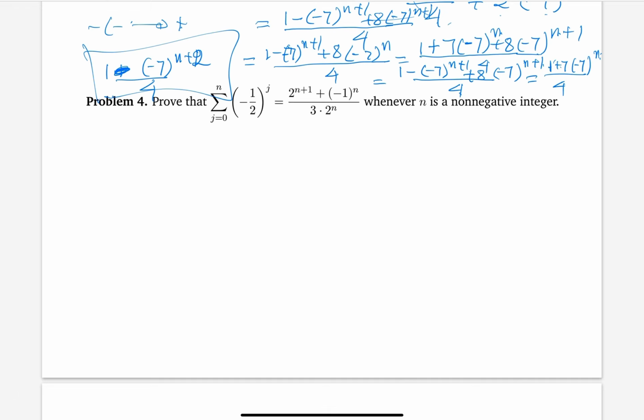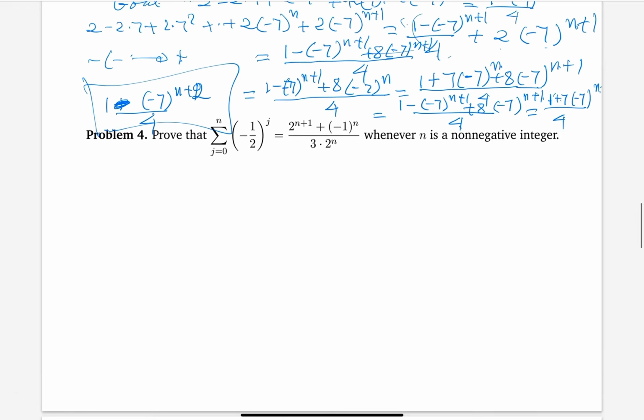Then the last one before I do problem number 5: you can tell it's a geometric series. I advise you, if you have to do this one, you don't have to look at this one. If they ask you to prove it, you just say the ratio is negative 1 half. Since it's a geometric sequence, and the first number is when j equals 0, any number raised to power 0 equals 1, you have 1 minus negative 1 half.